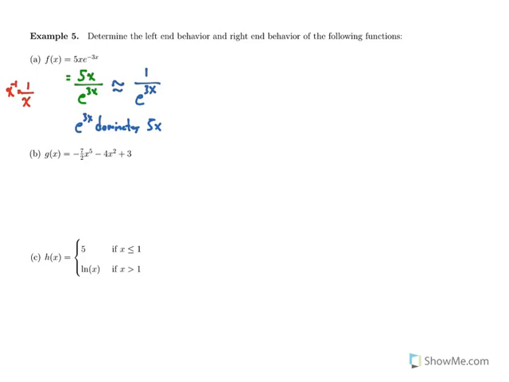So we're just answering questions about this 1 over e to the 3x. As x goes to infinity, we know that e to the 3x is going to get really big. So one thing we're going to do in calculus a lot is write things like, this is going to be 1 over a really, really big number, or that's going to be the same thing as going to 0.